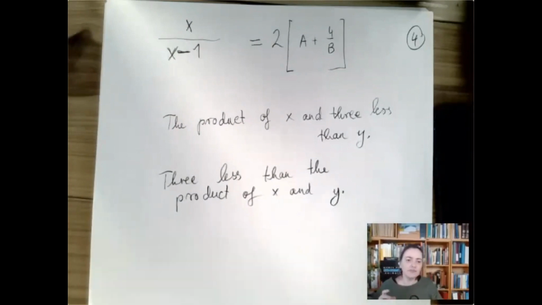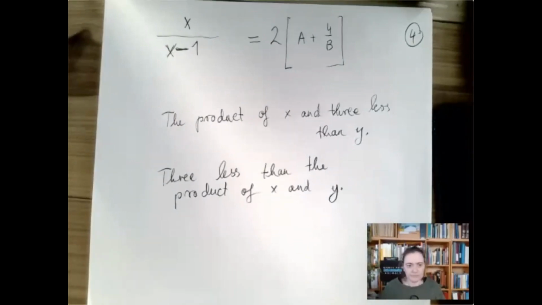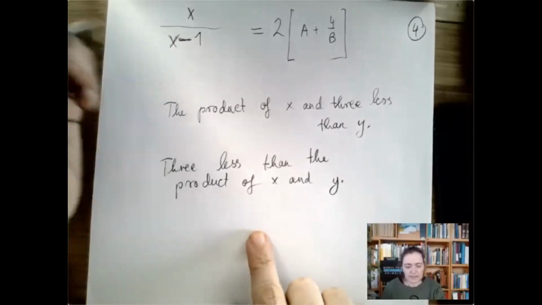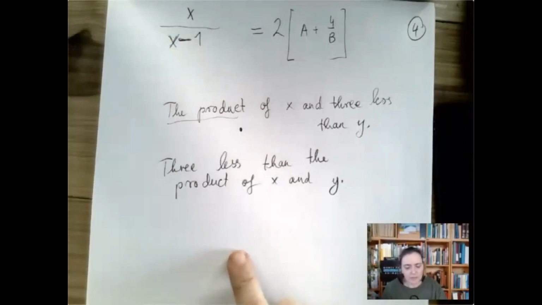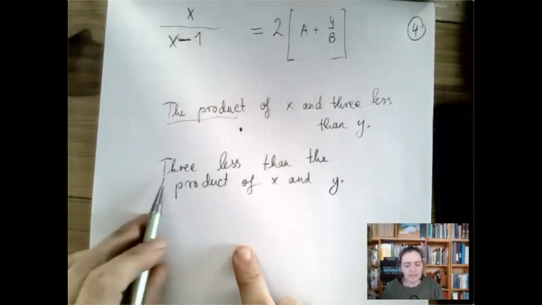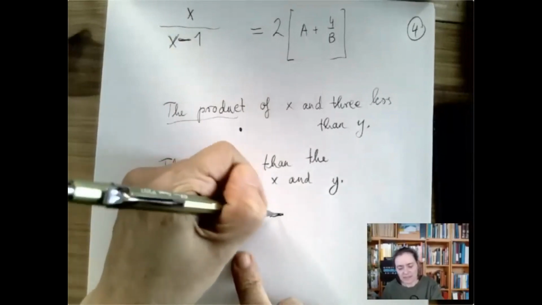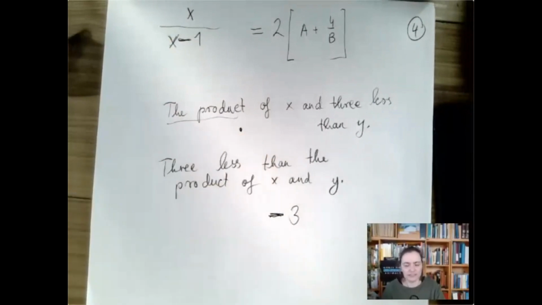And what I want you to focus on is what's the difference? This one is a product. The main thing is a product, which means the last operation is going to be a multiplication. This is 3 less than something. So the last thing that you're going to do is subtract 3.